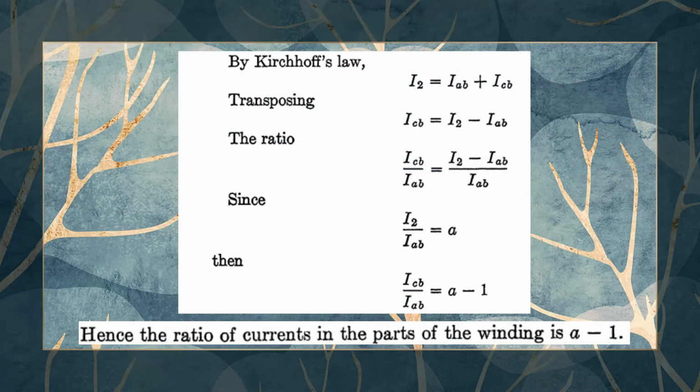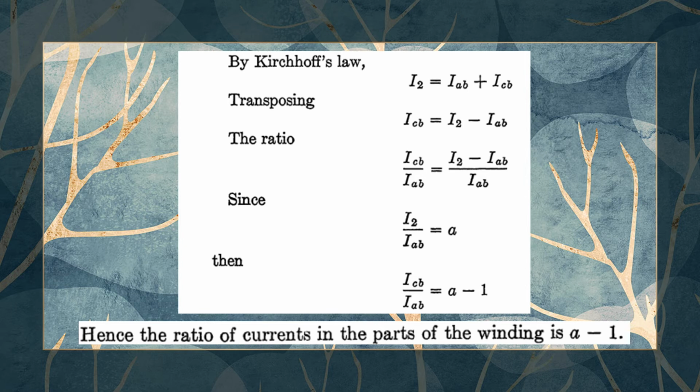And by Kirchhoff's law, we can further expand this equation. I sub 2 equals I sub AB plus I sub CB. So, transposing it, we could get I sub CB equals I sub 2 minus I sub AB. So, since ang hinahanap naman natin is yung ratio ng winding ng CB and AB, when it comes to the current, we will have I sub CB all over I sub AB equals I sub 2 minus I sub AB all over I sub AB.